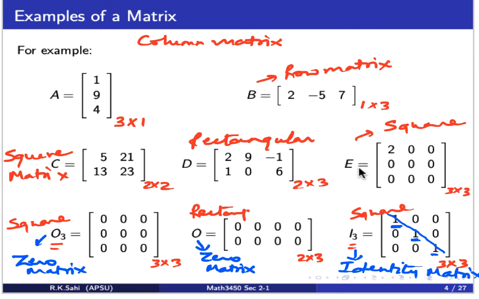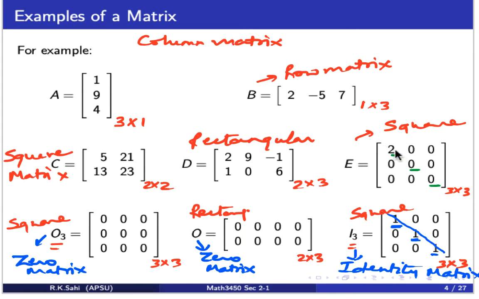Now, E is a square matrix, but there are some very specific things to keep in mind. Whenever you have a square matrix, remember the convention we are going to be following: the diagonal elements are the elements starting from the top left and going down right.